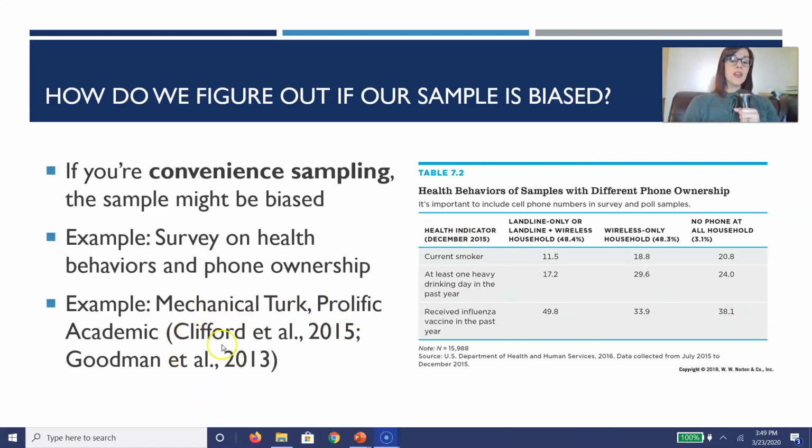You can actually see some citations from people who have shown that there are some sample differences between people who are using Mechanical Turk and people who really aren't. So again, your sample is only going to be as good as your selection method.